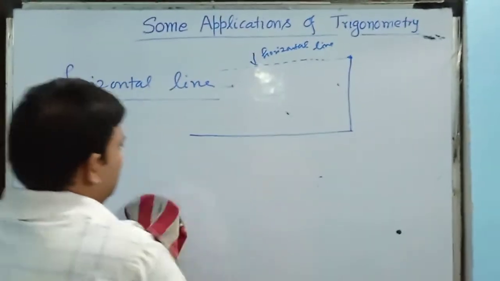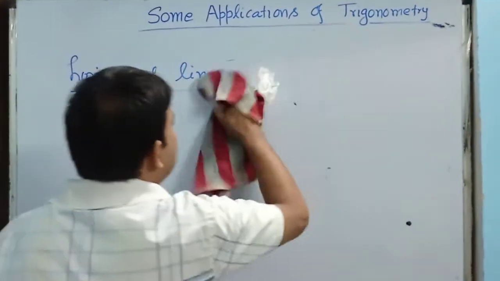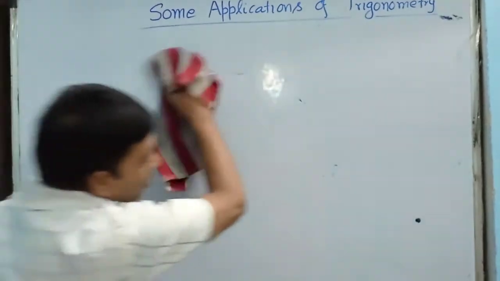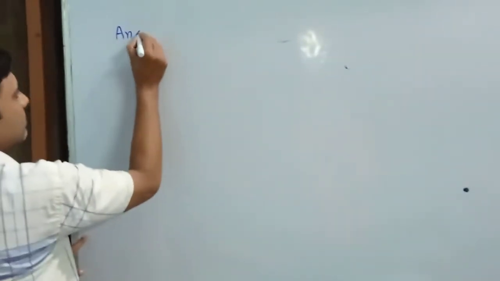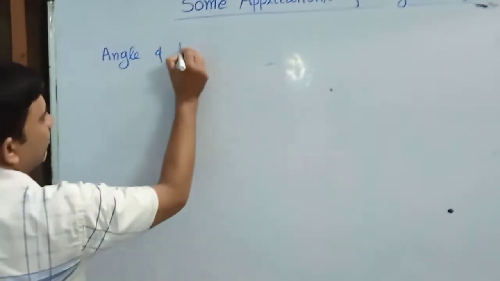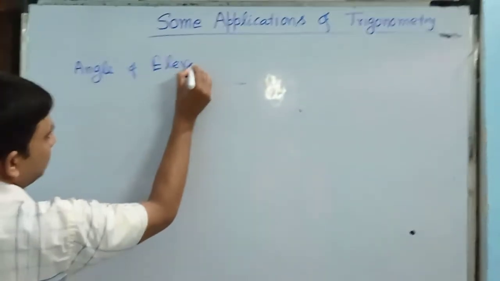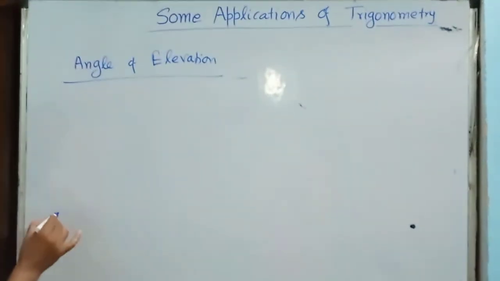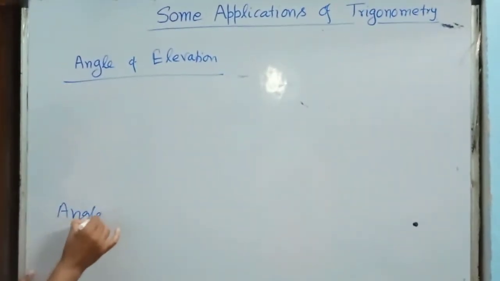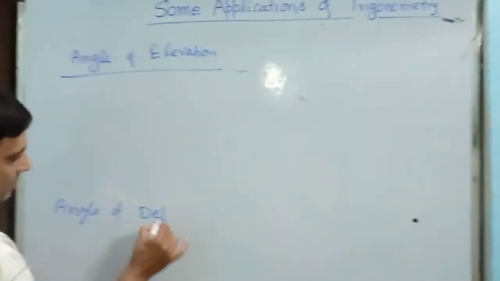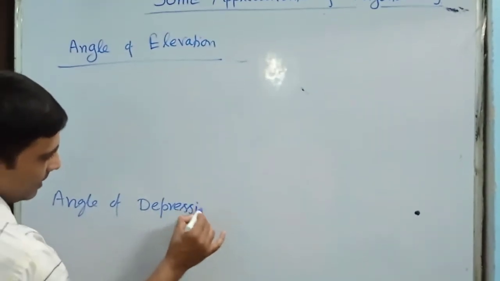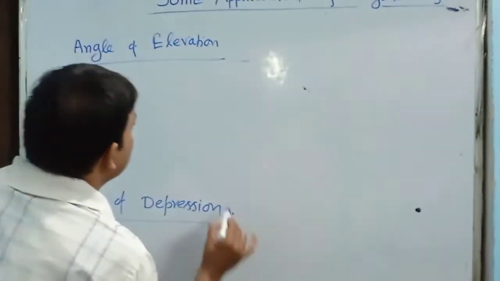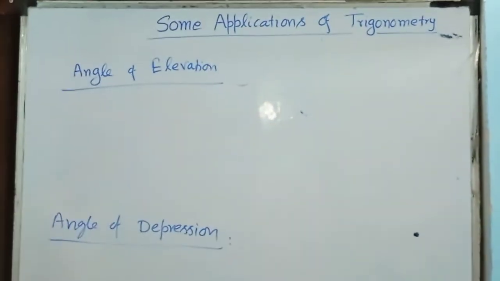Now see, if you understand these two terms properly, then the other two terms you can understand very easily, and they are angle of elevation and angle of depression. What is angle of elevation?